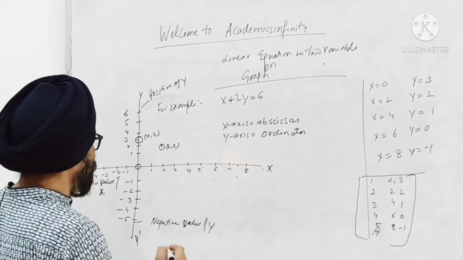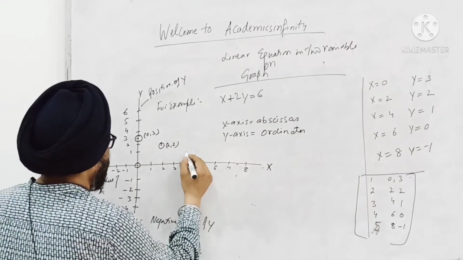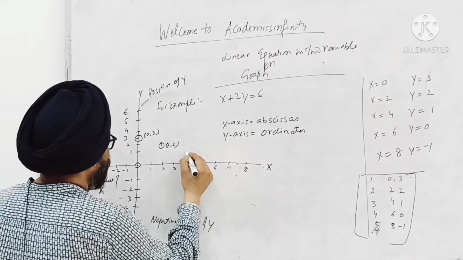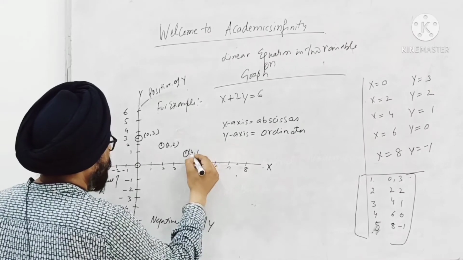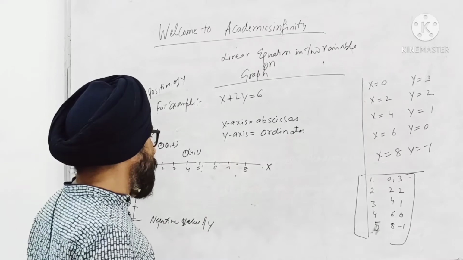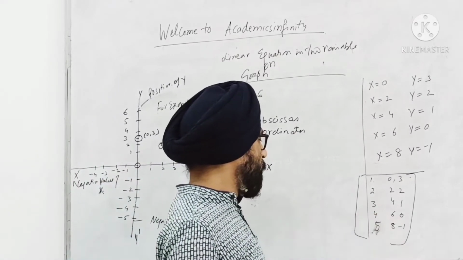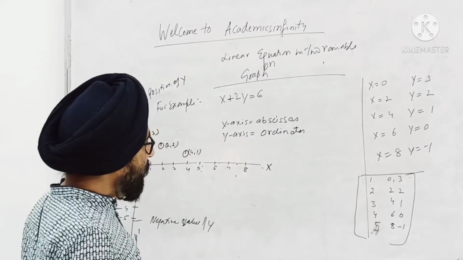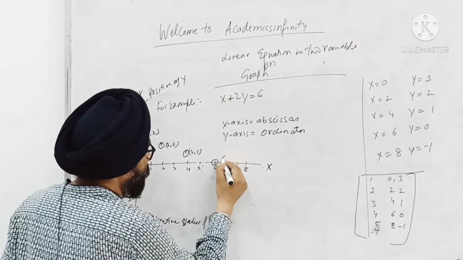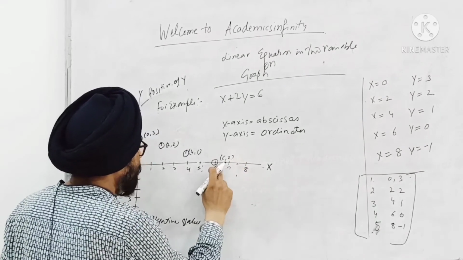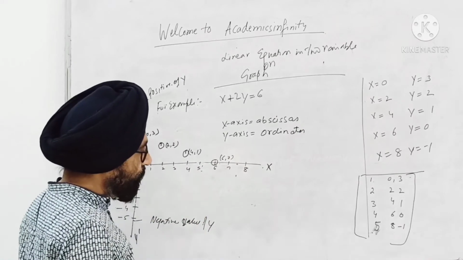Next point is 4, 1. X is 4 and y is 1. Here x is 4 and y is 1. Fourth point is 6, 0. X is 6 and y is 0. Here is the point 6, 0.